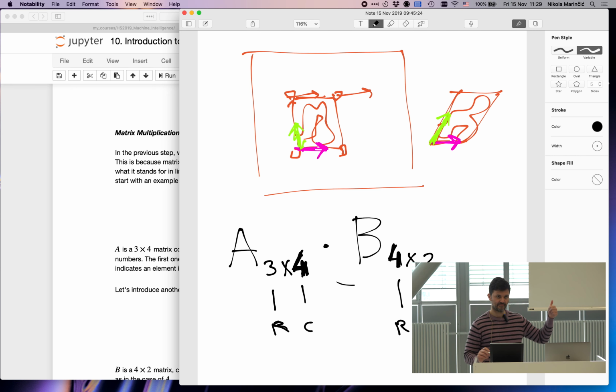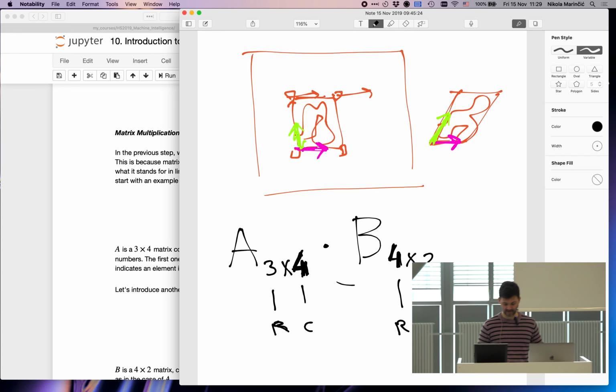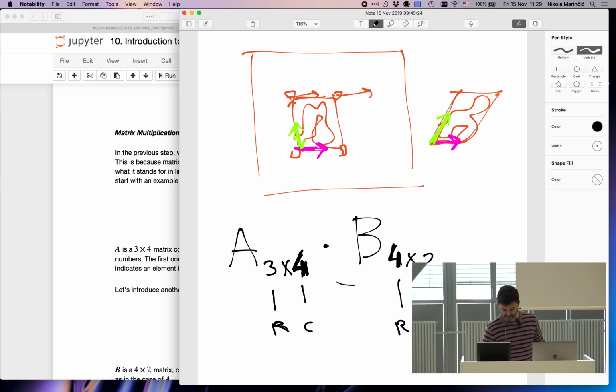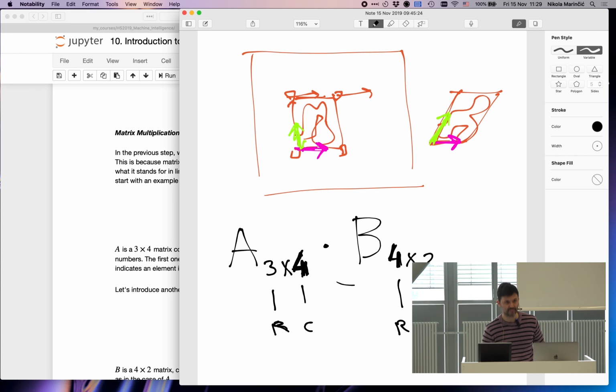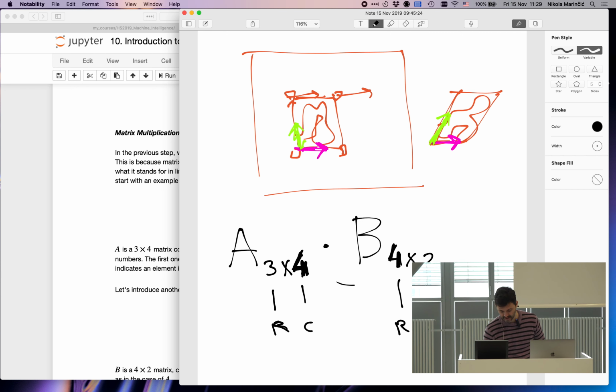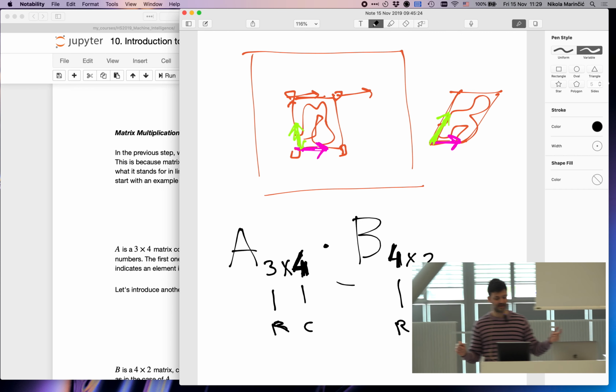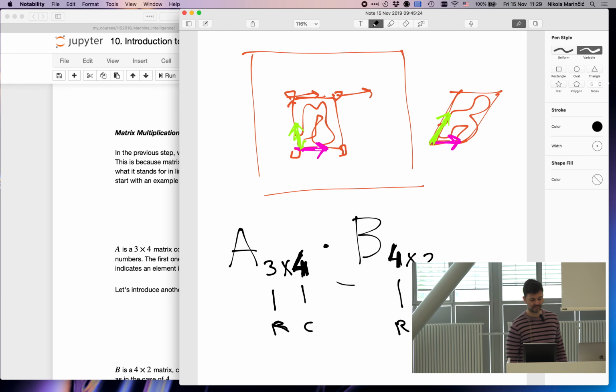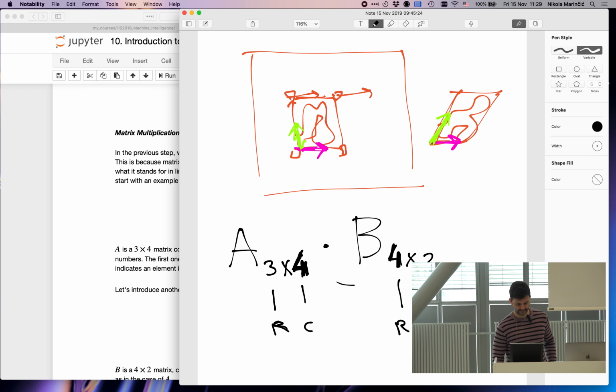So it works. First step done. They can be multiplied. Funny thing is, can we multiply B and A? Because B now has 2 columns and A has 3 rows. So I can multiply A and B, but I cannot multiply B and A. This would not be allowed.